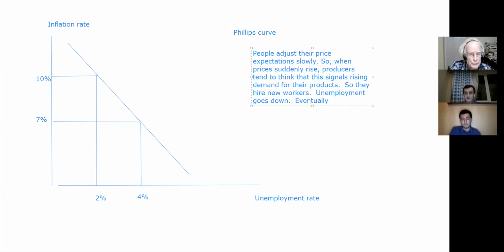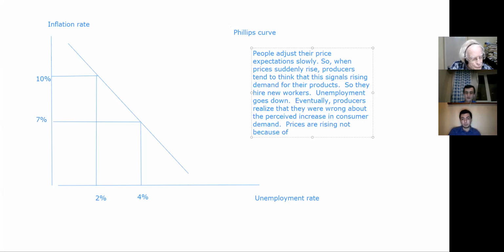However, eventually producers realize that they were wrong about the perceived increase in consumer demand. Prices are rising not because of higher demand, but because of inflation.